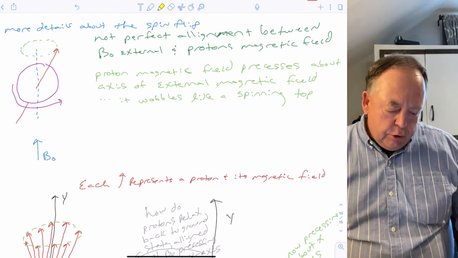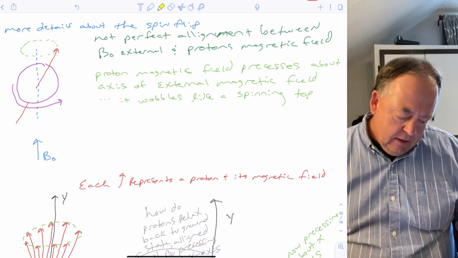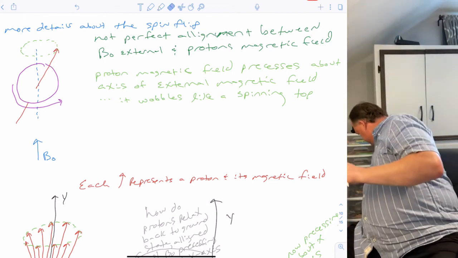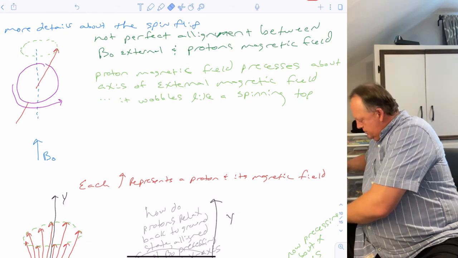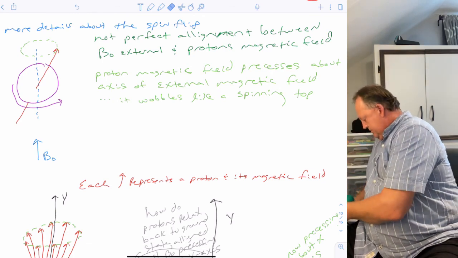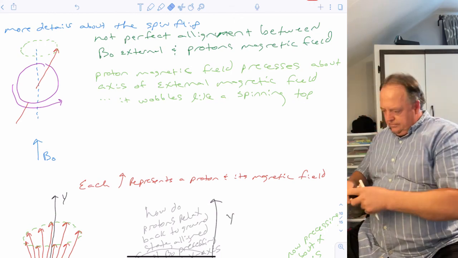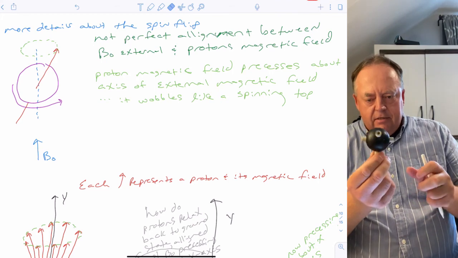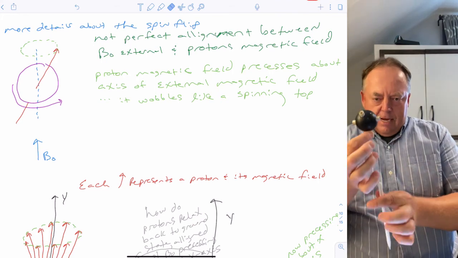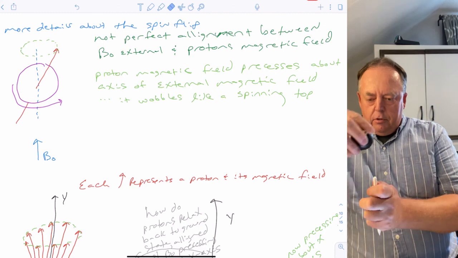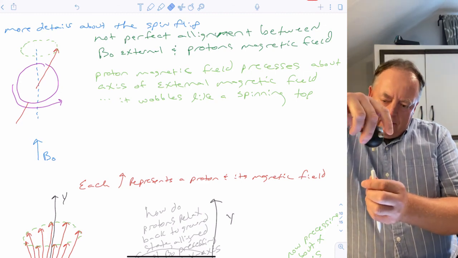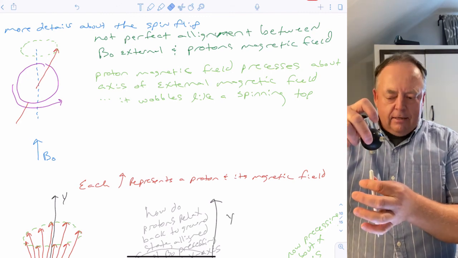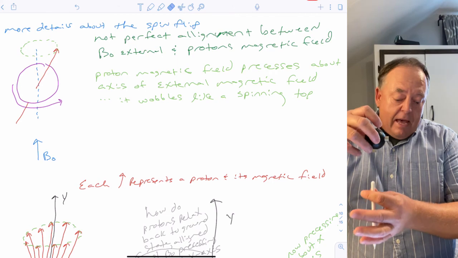Okay, so let's talk about this nuclear spin flip in a little bit more detail. If that's a proton spinning, and this is your magnetic field, the point to recognize is that the magnetic field of the proton is not perfectly aligned with the external magnetic field.